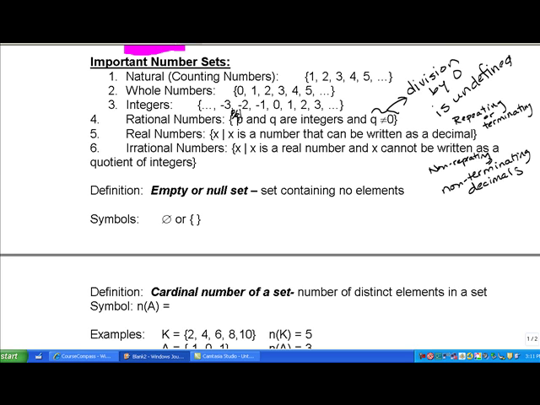So basically what happens is the real numbers are made up of the 2 sets, the rationals and the irrationals.